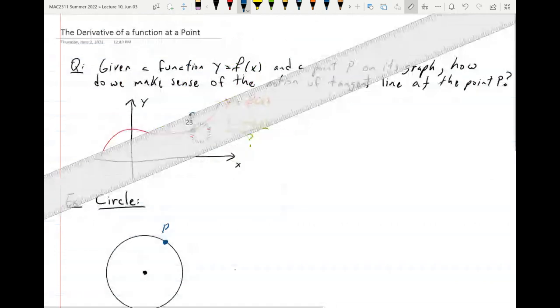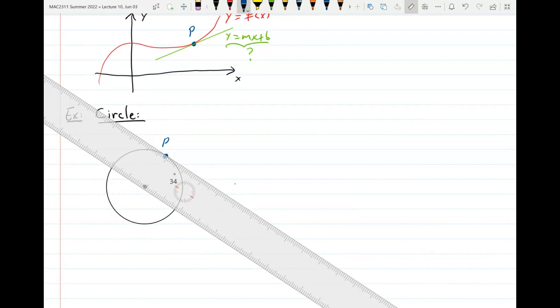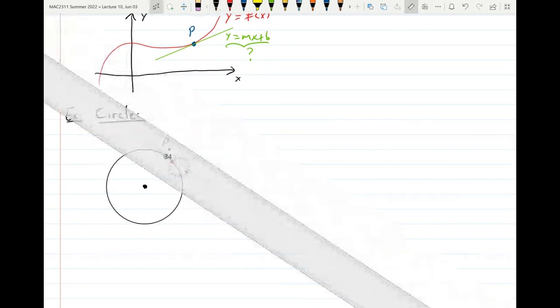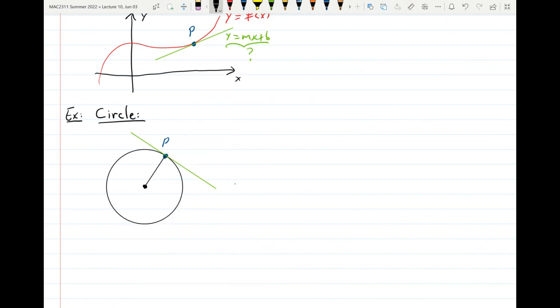In other words, if we draw the tangent line at P for this circle, and then draw the radius, which as you know is the line segment joining the center and a point on the circle, then a theorem is that this angle is 90 degrees, and this is the only line that satisfies this property.